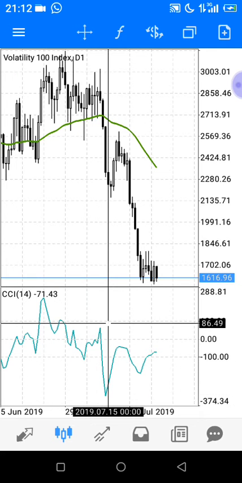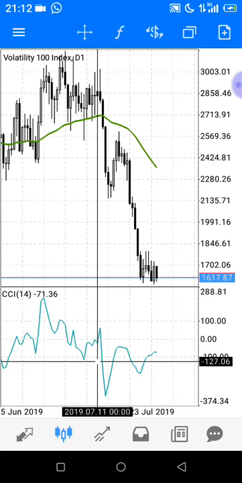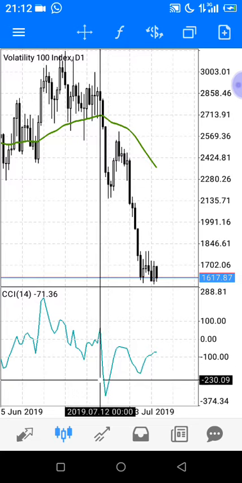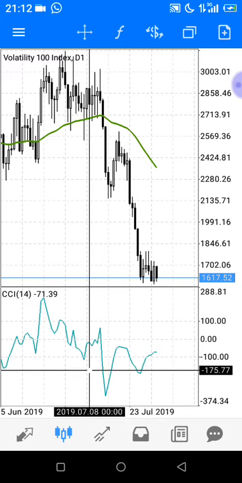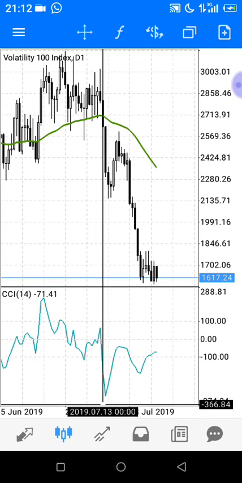That's all. Those are the two simple rules. First thing is the candlestick of that day should close below EMA 60, and the second thing is the CCI value should be in this range from minus 100 going down.